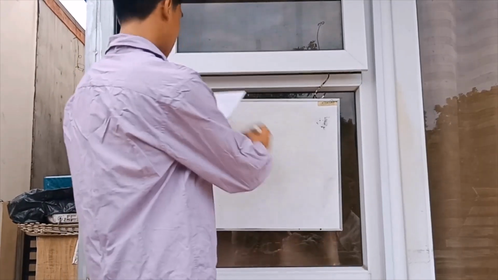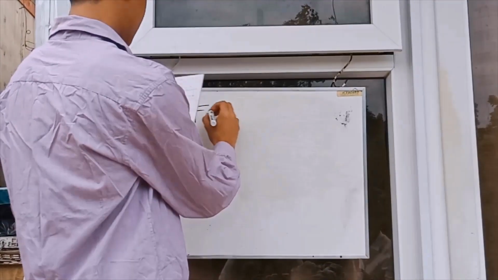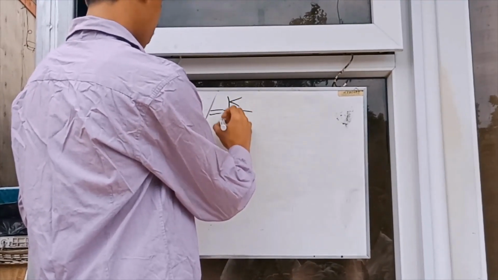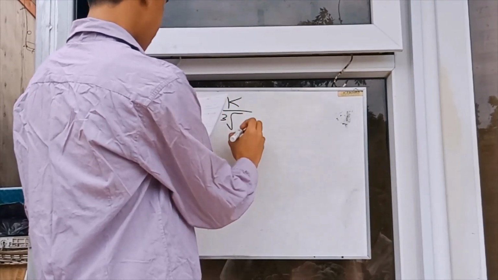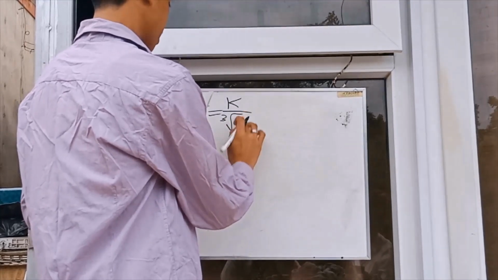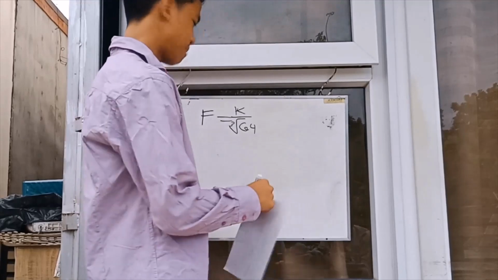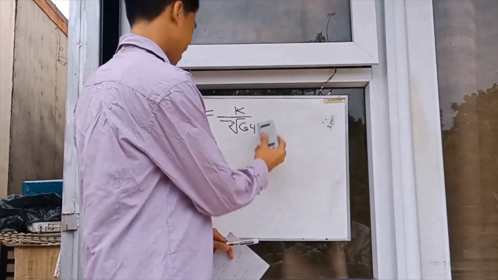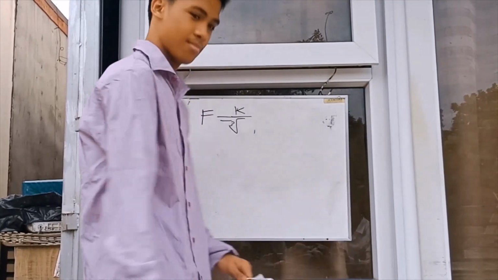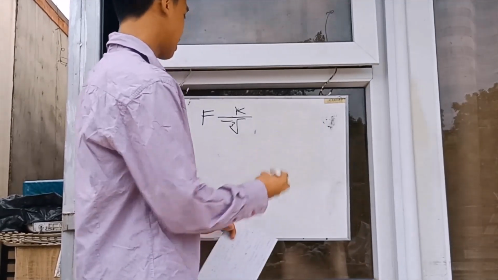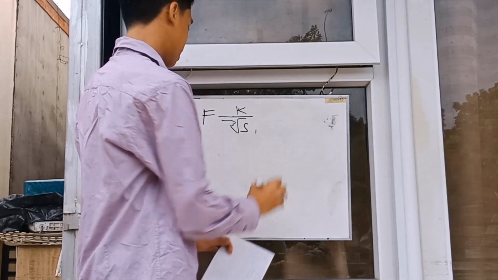So, in symbols, f is equal to k over the cube root of s. So f varies inversely as the cube root of s.